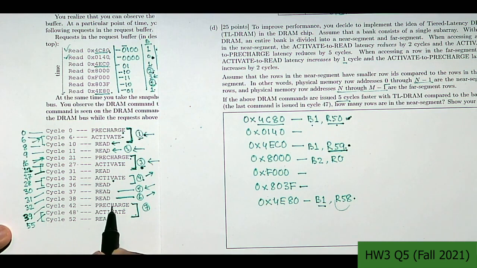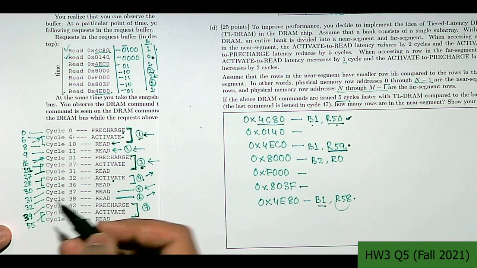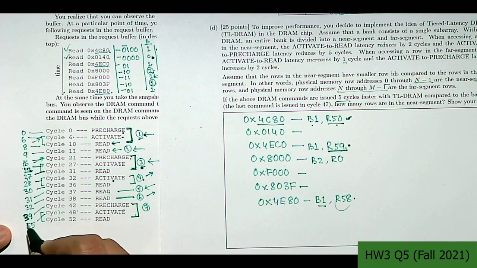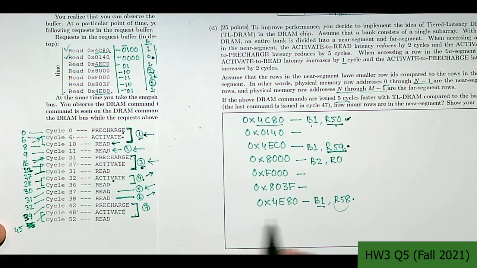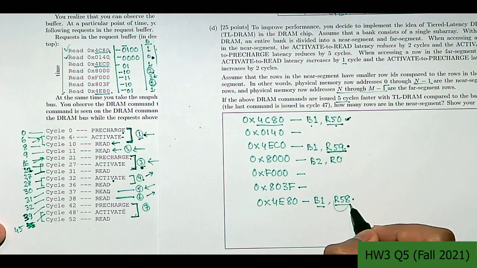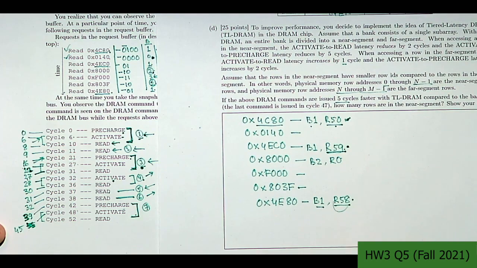And then pre-charge to activate is 6 cycles more, so this is 45. Now activate to read. We started with R58 as a fast segment, right?